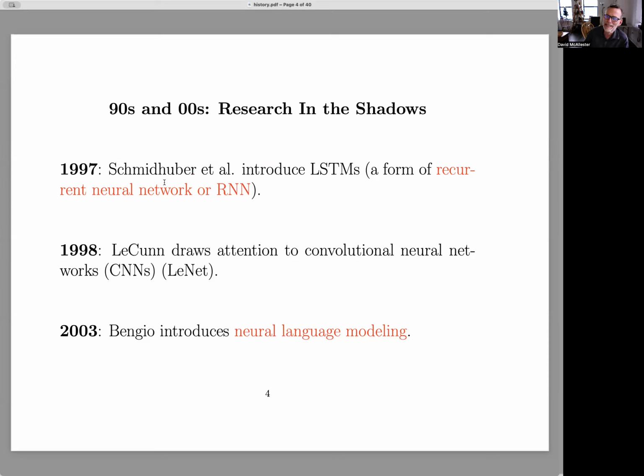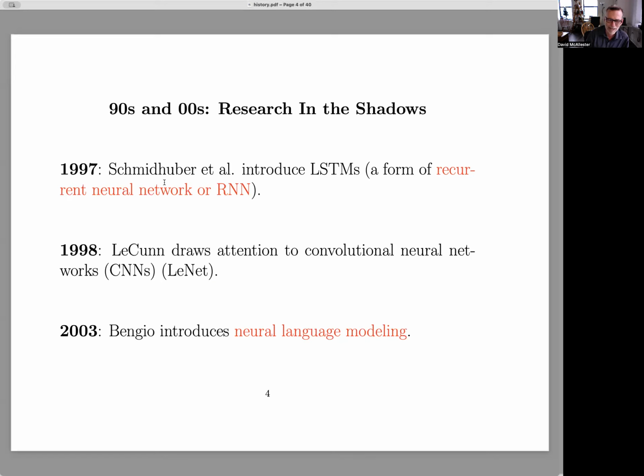And we're going to be talking about those in significant detail. What's interesting about this is it made a big impact 15 or 20 years later. So this was something that was very important in the early days of the modern era. And I'll talk about the modern era in a bit. In 1998, Yann LeCun draws attention to convolutional neural networks. It had been developed by Fukushima, but it was LeCun's paper that really got more attention in the community.